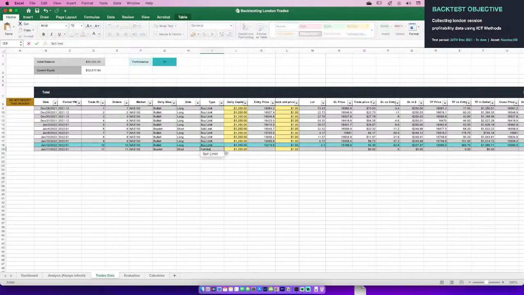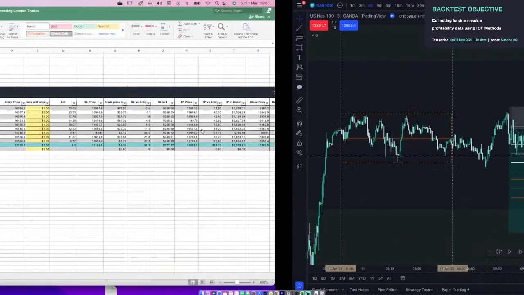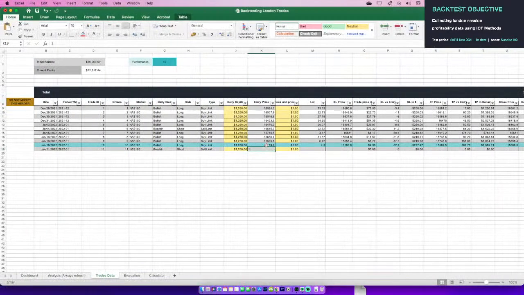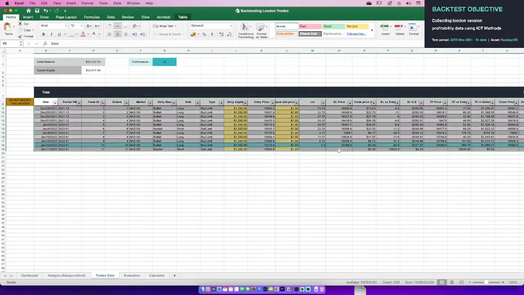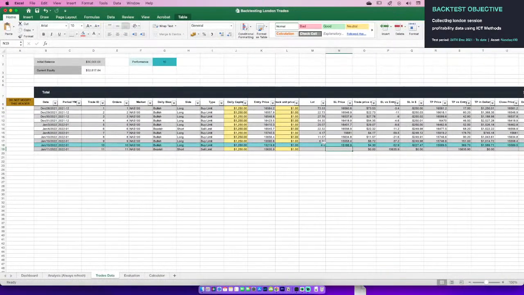So the first one was a miss. The first entry was at 15,635.9. The stop loss was 15,667.4.